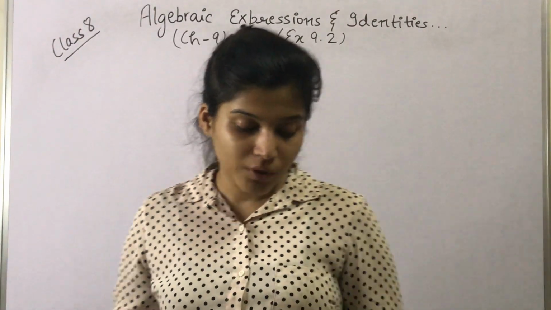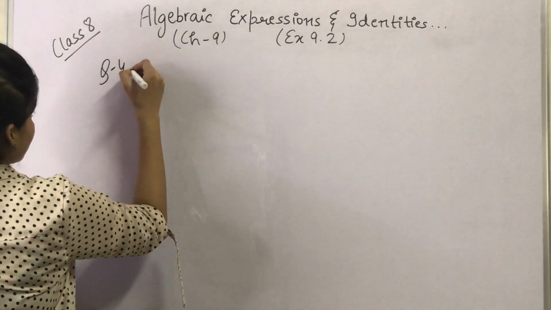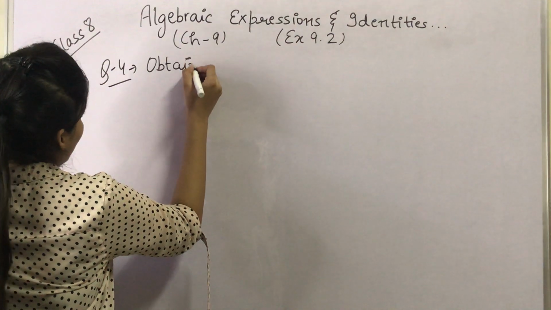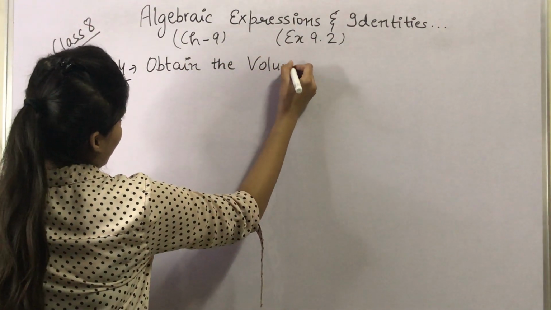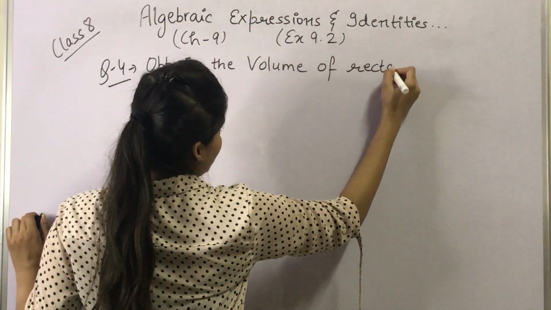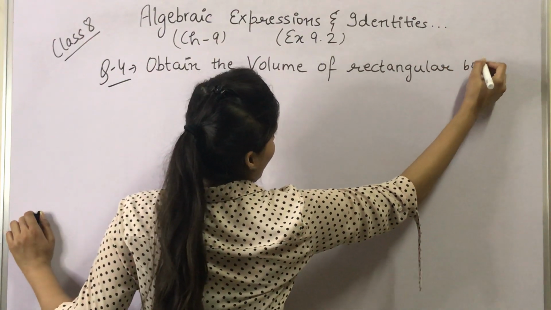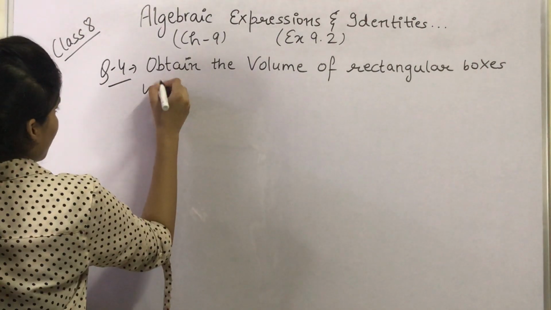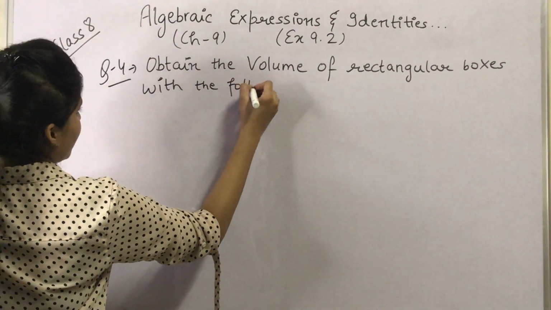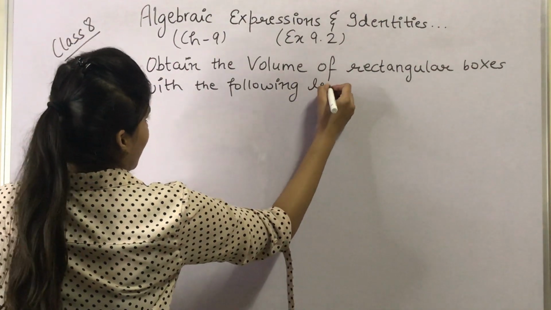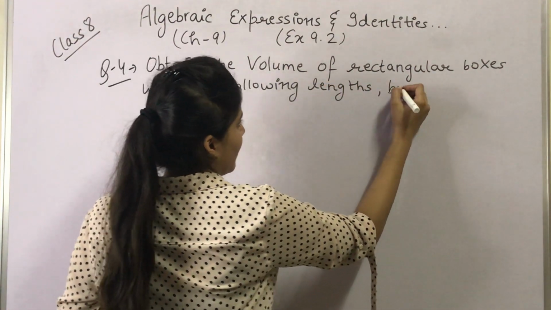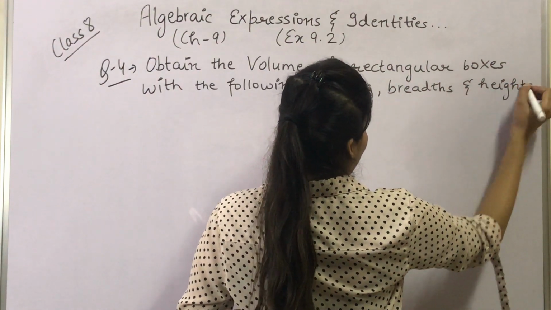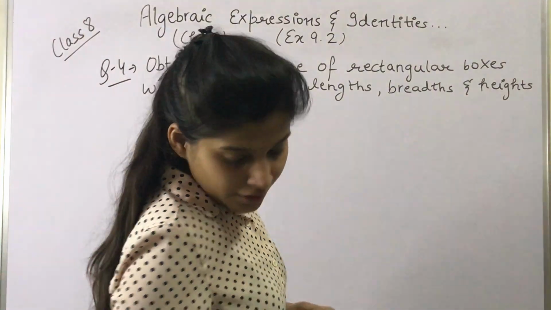Alright, now question number 4 says obtain the volume of rectangular boxes with the following length, breadth and height respectively.